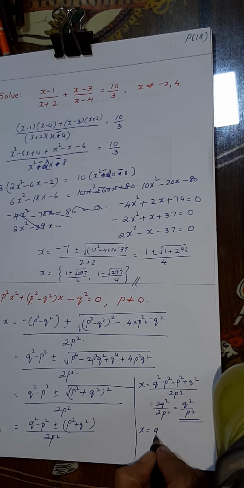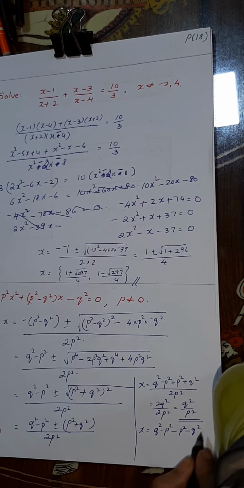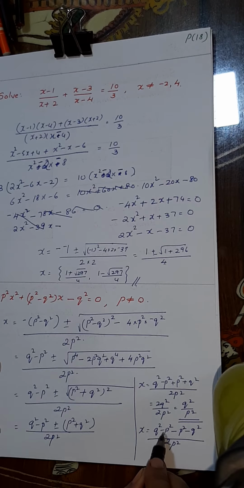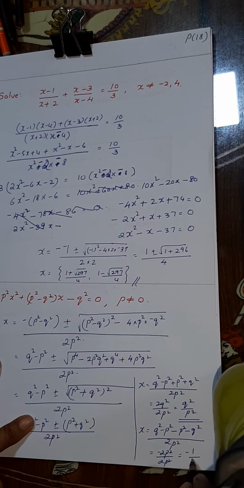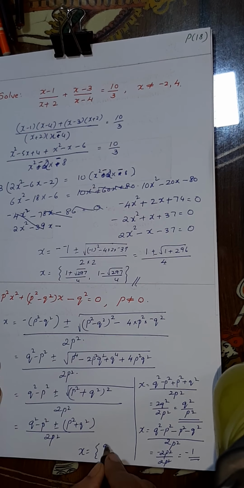The other root will be q squared minus p squared minus p squared minus q squared by 2p squared. The q squared terms will get cancelled. So this will become minus 2p squared by 2p squared, that is equal to minus 1. So the two roots are x is equal to q squared by p squared and the other root is minus 1.